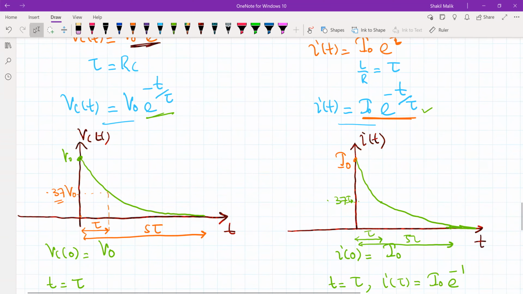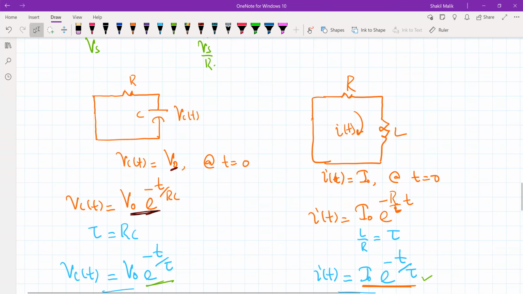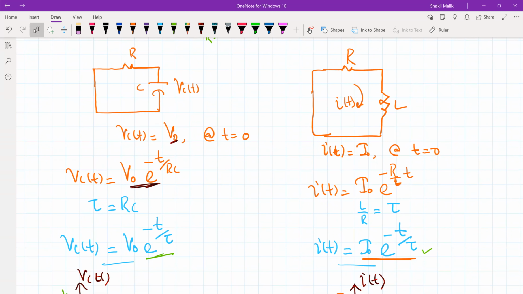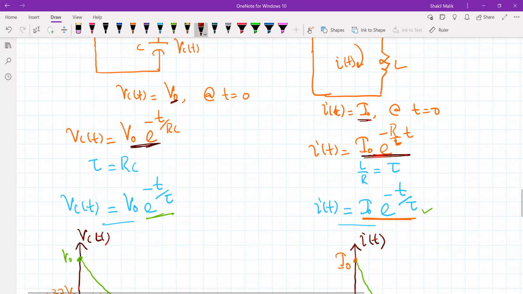And the same thing is true for a source-free RL network, meaning when there is no source connected in the RL network, and this gives us the discharging behavior of the inductor. If we assume the initial current at t equal to 0 is I naught, the behavior is governed by this expression.